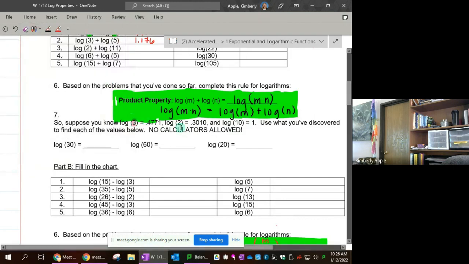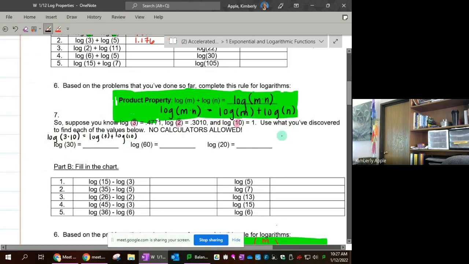So I really need to use these numbers. I need to rewrite this as the product of 2 of those numbers. So how can I do that? 30 can be rewritten as the product of 3 and 10. So we can say the log of 3 times 10, or m times n, is equivalent to the log of 3 plus the log of 10. That is the product property. We learned that if we have the product in the argument, we can separate it into 2 logs that are added together.